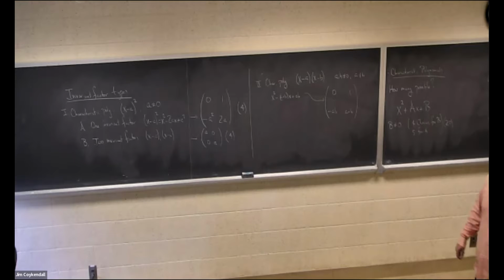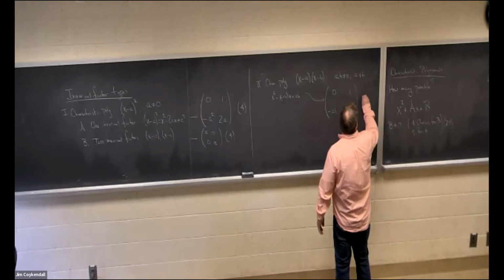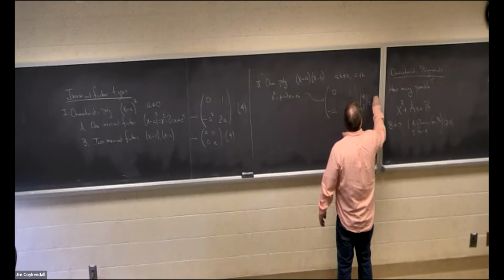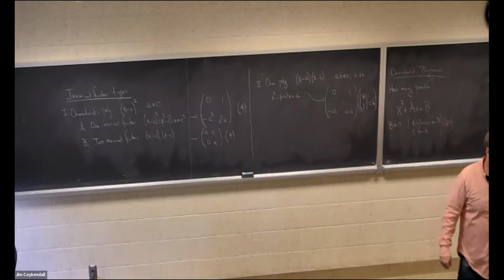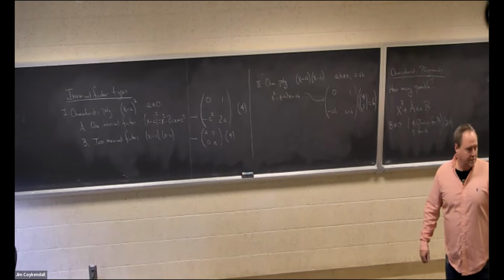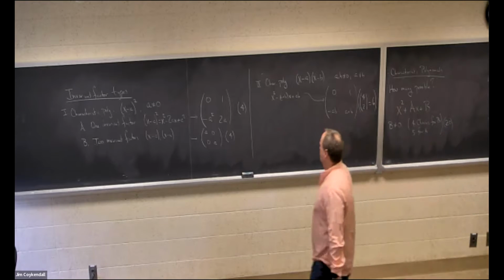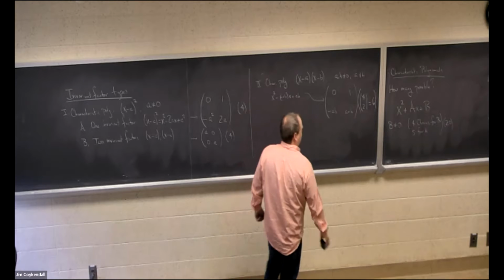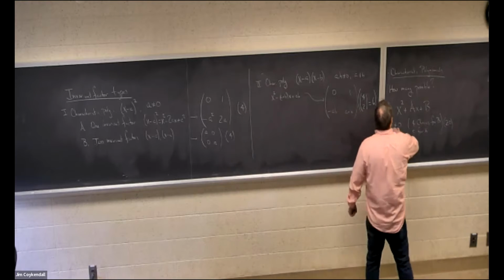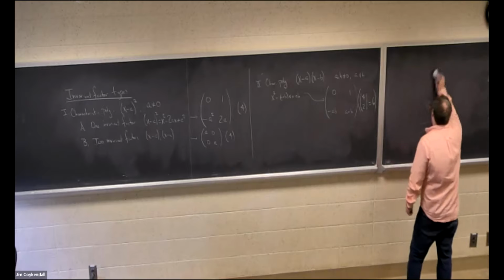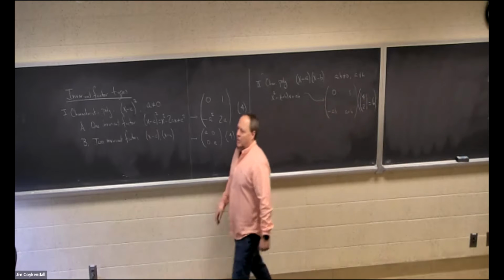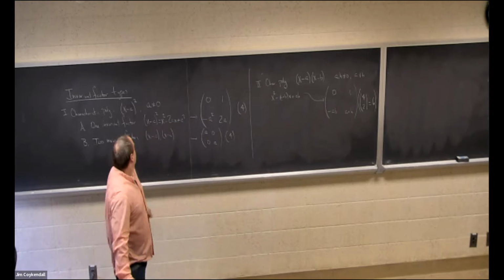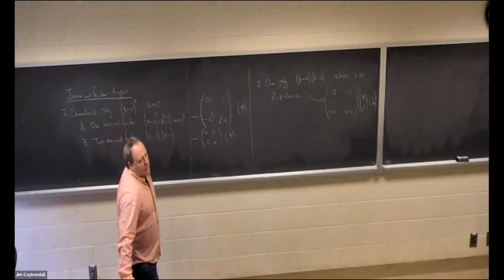Right, so this should be 4 choose 2. So there's 6 equivalence classes right there. Okay, I think we've exhausted everything where you've got roots in Z5, right? You got the double root, you got a pair of different roots. What's the alternative?